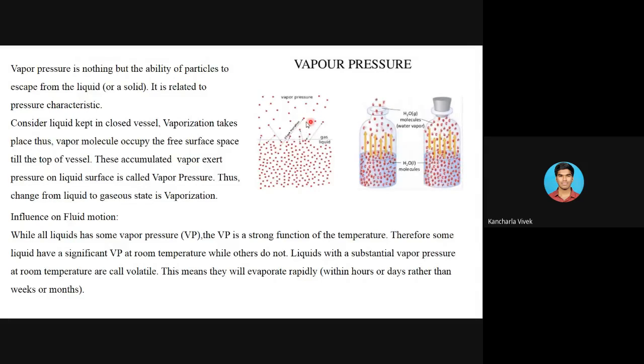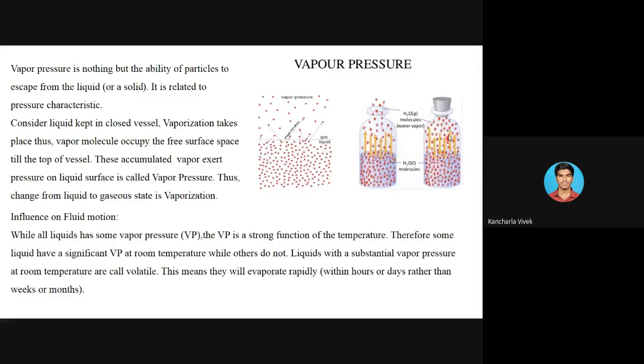So we take an example of a liquid kept in a closed vessel. What happens? Definitely vaporization takes place. The vapor molecules come up, they escape the surface of the water and occupy the free space.